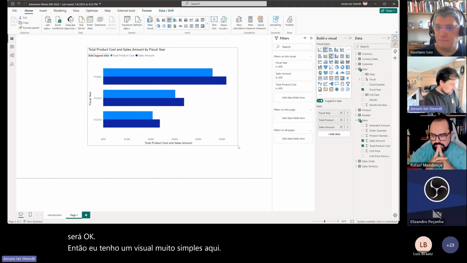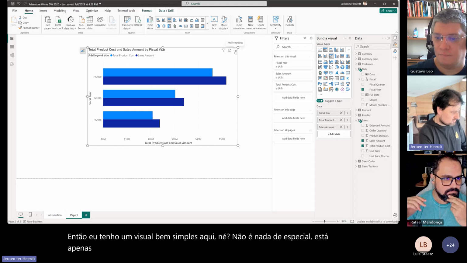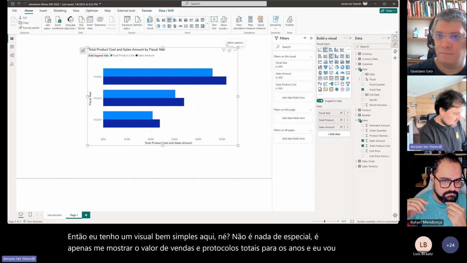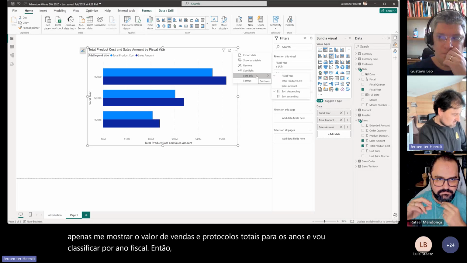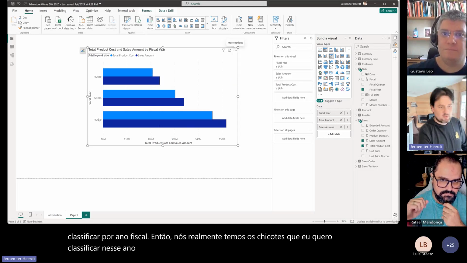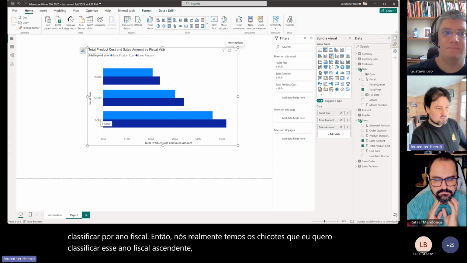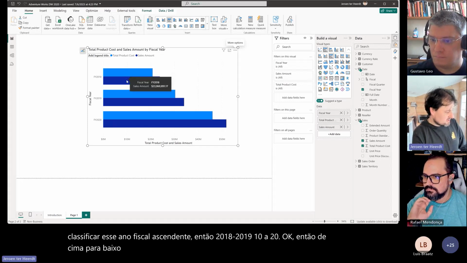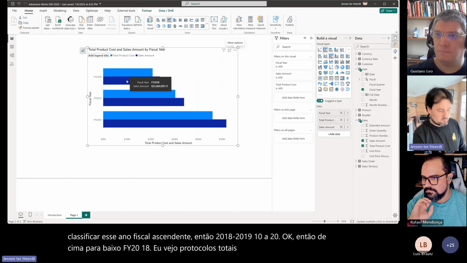It's just showing me the sales amount and total product cost for the years, and I'm going to sort it by fiscal year ascending: 2018, 2019, 2020. Top to bottom, FY 2018, I see total product cost in light blue bars, and sales amount in dark blue bars. Nothing special.